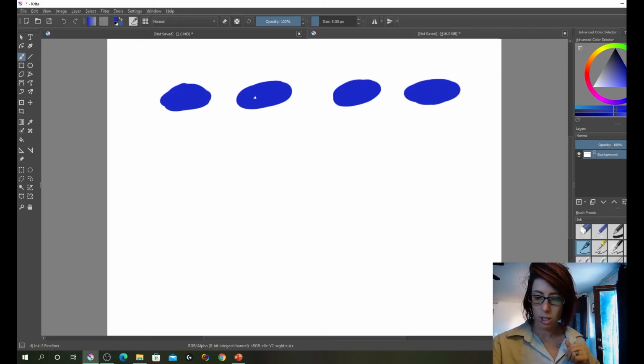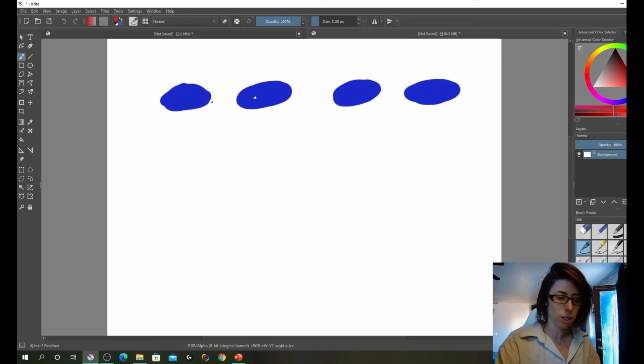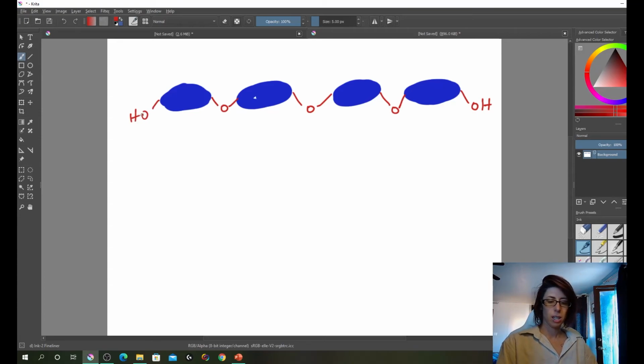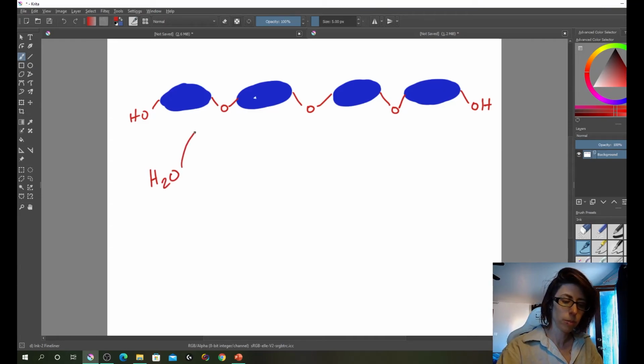And they were joined together by removing water, leaving only an oxygen to link them, right? On the ends, we still have the original hydroxyl groups because they didn't get removed to join up with another. That's why it's the end. So a hydrolysis reaction is going to take H2O and add the water in to break that bond apart.